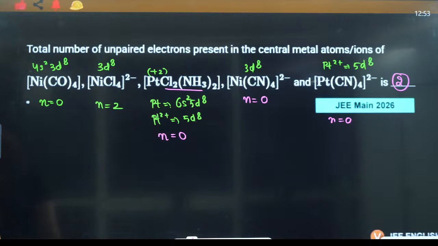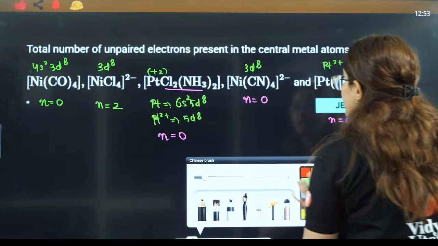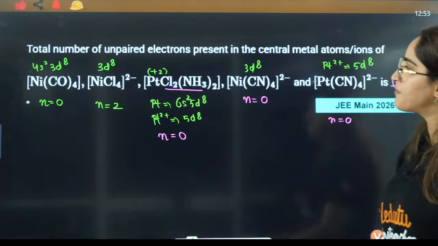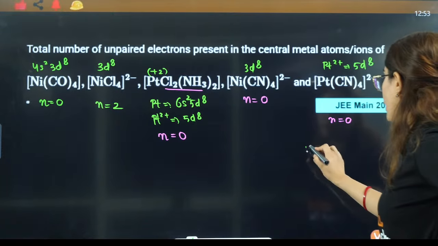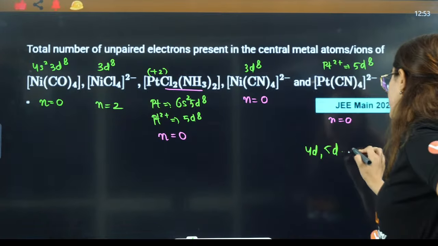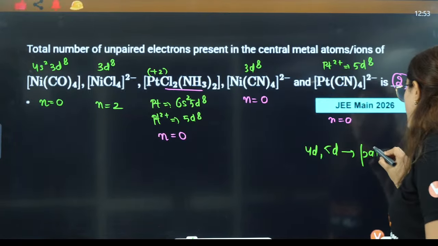Tell me, is that clear to everyone? Is that clear? So unpaired electrons are only present in the case of the second. Platinum, 4d or 5d elements, no matter whether you have weak field or strong field, they will always cause pairing.